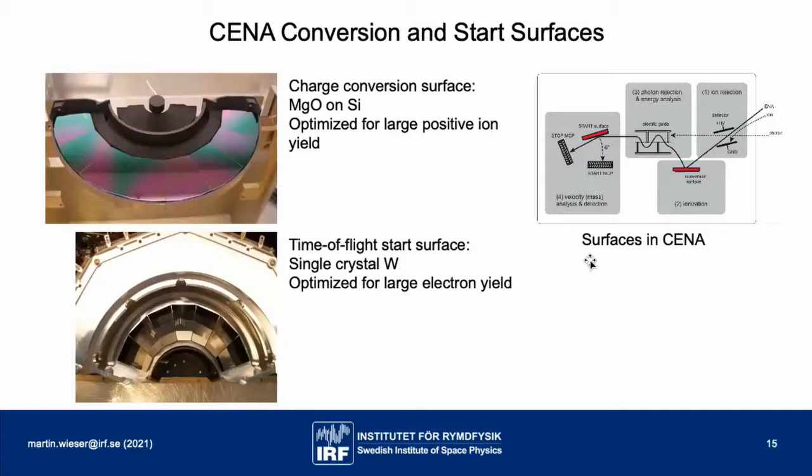In the SENA instrument, there are two types of surfaces. So there is the conversion surface, which is optimized for a large positive ion yield, shown on the top left. The surface is a magnesium oxide layer on a highly polished silicon wafer, which guarantees that the angular scattering properties are not increasing dramatically upon interacting with the surface.